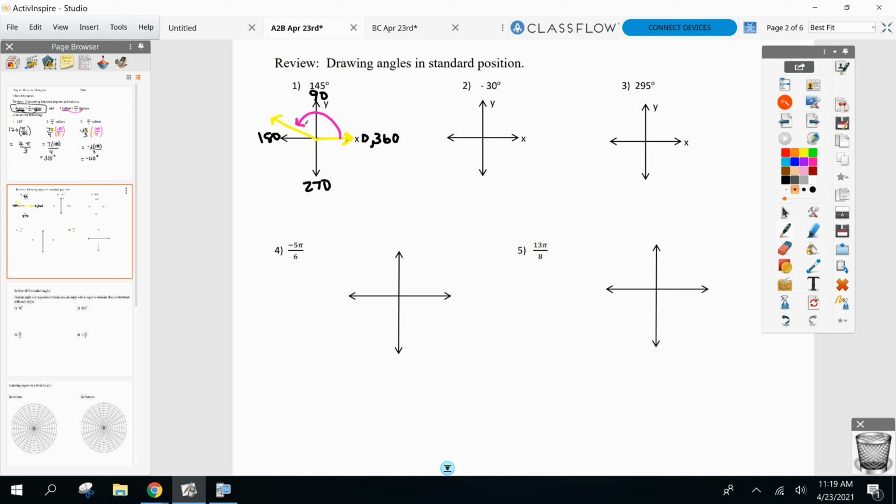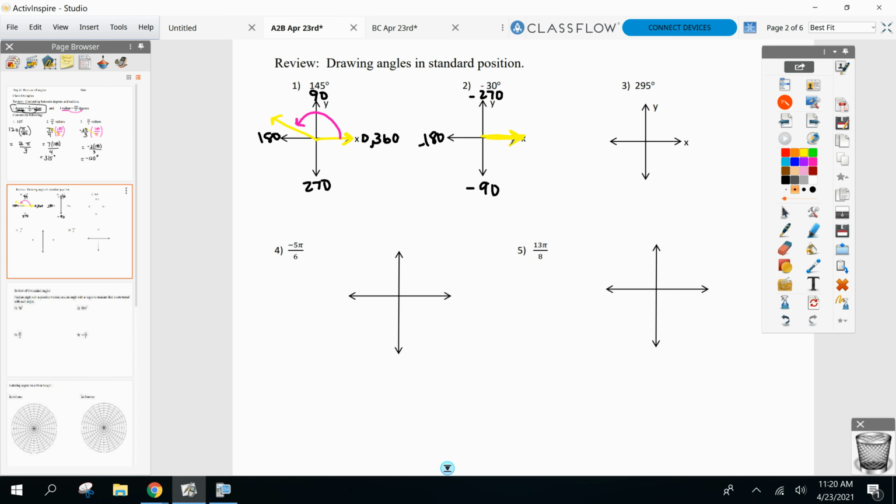Questions? Number 2, now it's negative. So now I go clockwise. Negative 90 will be down here, negative 180, negative 270, and we're back to negative 360. Now I go clockwise when it's negative. So again, the first side of your angle is on the positive side of the x-axis.